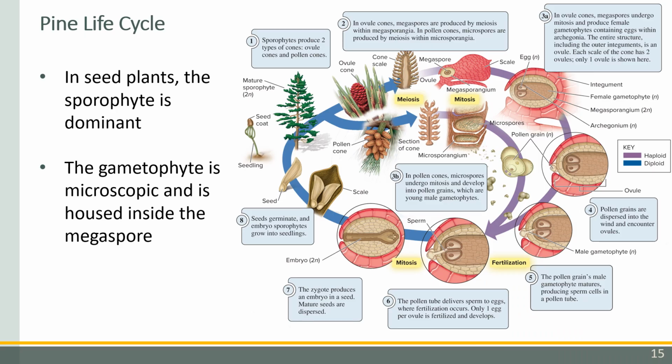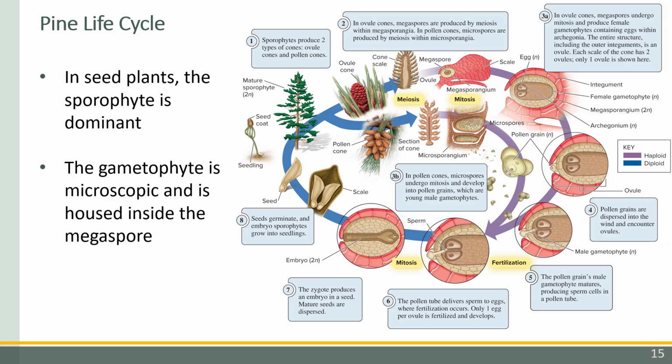Our pine alternation of generations is going to be a little bit different than our seedless vascular plants because of the addition of the seed. Also, we have a few new characteristics here. We have a megaspore, which is produced within the megasporangium.